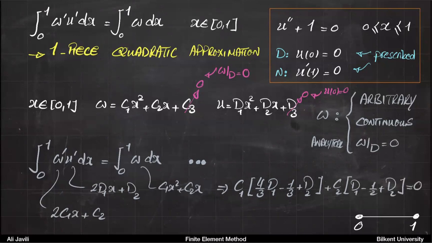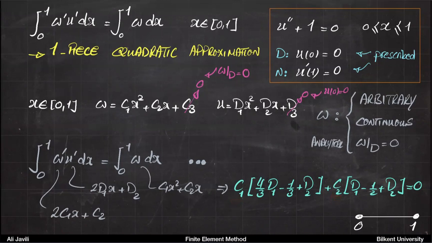I think in the previous instances we used a different color for this, so I'm going to use that color to indicate that it's the same equation. It is 0, but remember we have the same game here. This should hold for any c1 and c2.